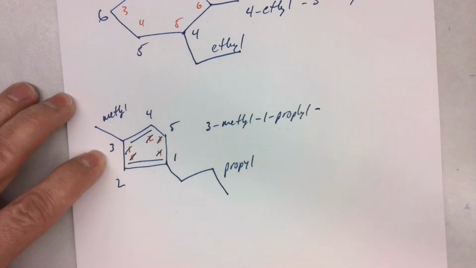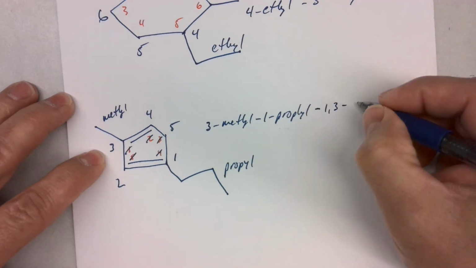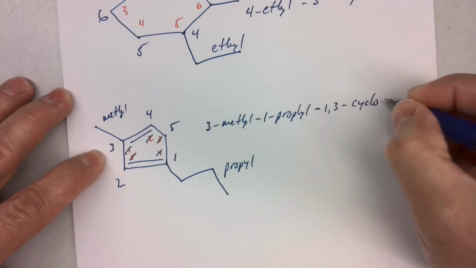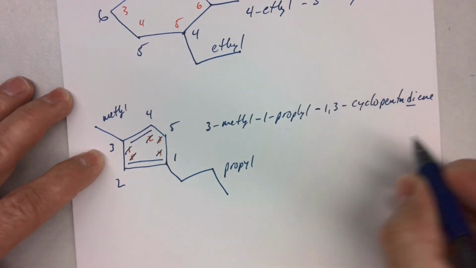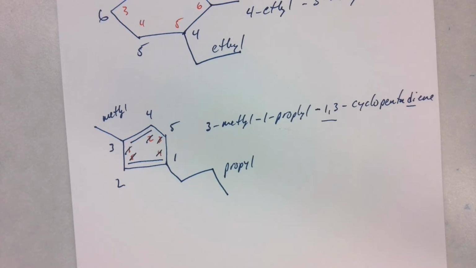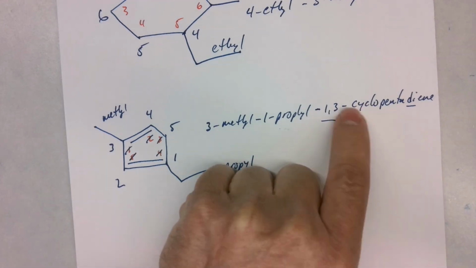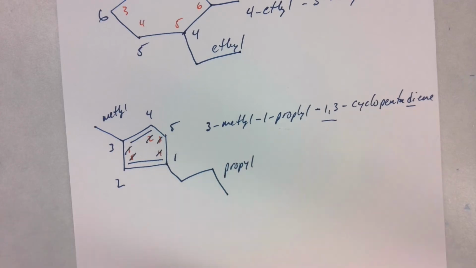Then it's going to be 1,3-cyclopentadiene. The di, meaning there's 2 numbers there, meaning I've got 2 double bonds. And the numbers come out front of the cyclo, not in the middle. Does that make sense?